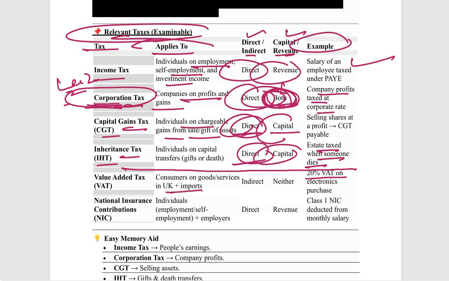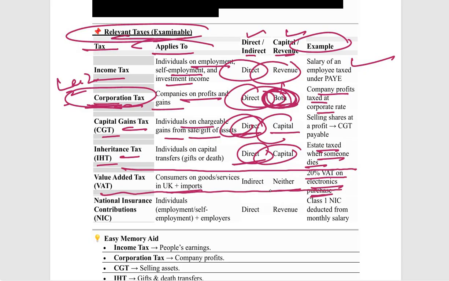So it is an indirect tax because it is charged on spending, not income, and it is neither capital nor revenue. An example is 20% VAT on buying electronics. So this is on spending, and this is an indirect tax.